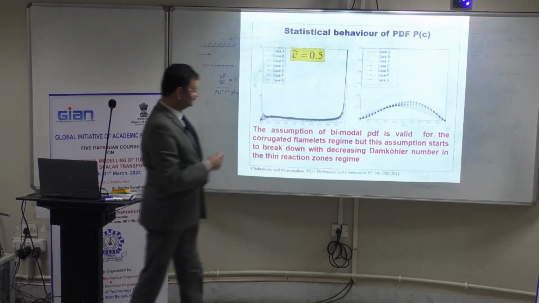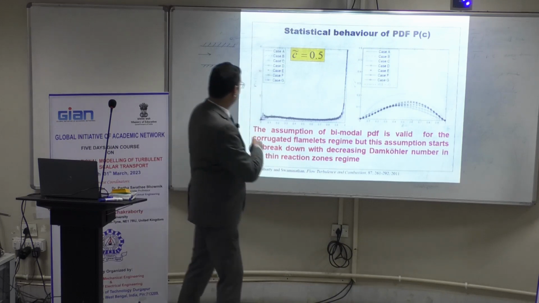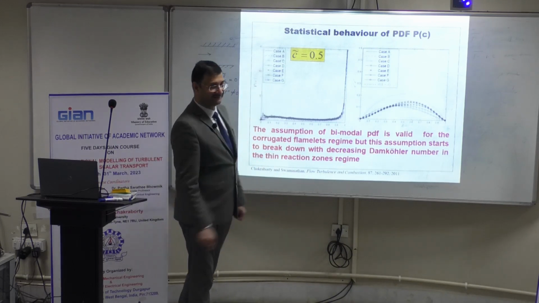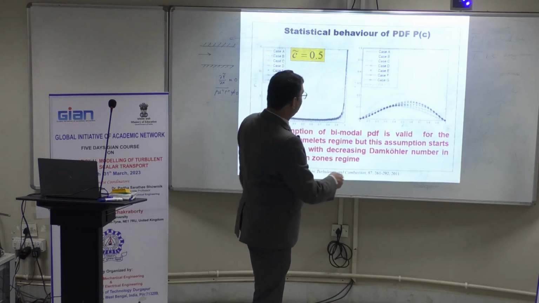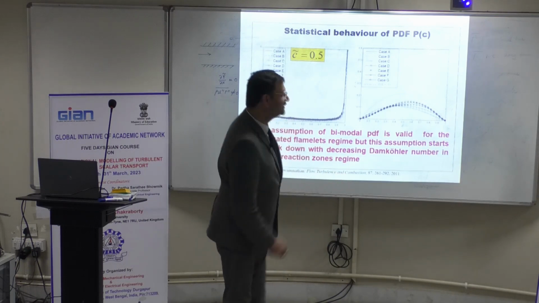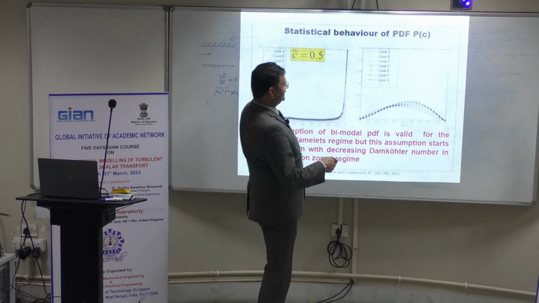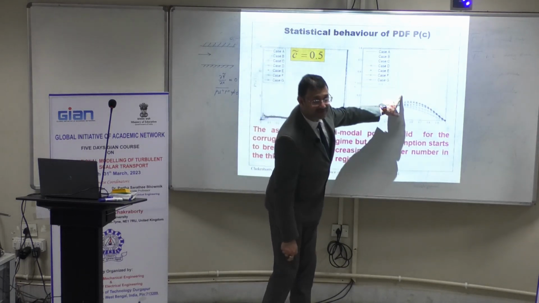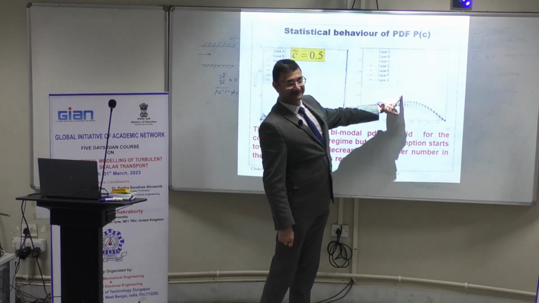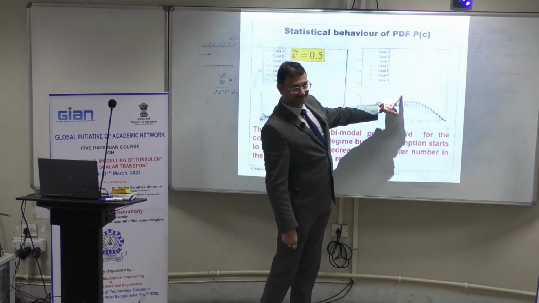Just to demonstrate, this is how the PDF of C looks, and this is how the variances of these cases look. This is C tilde times 1 minus C tilde, and this is the case which had a Damköhler number of 6.87.